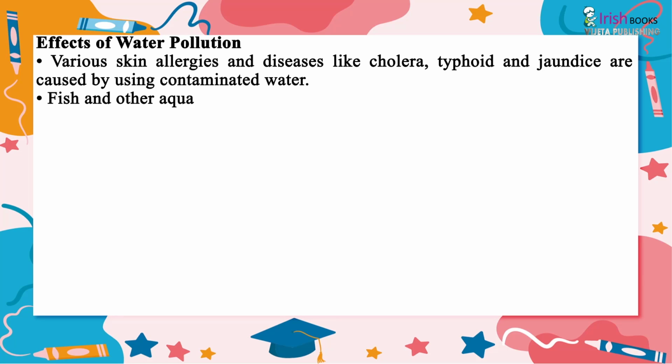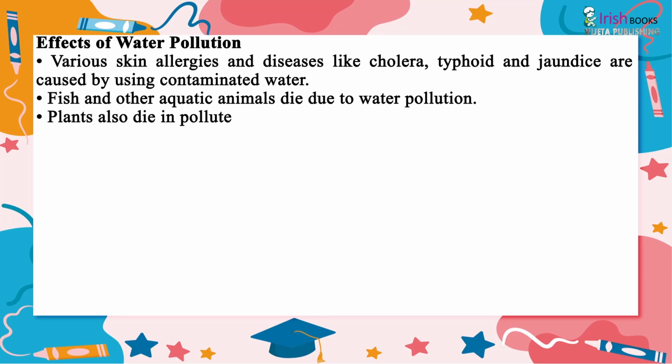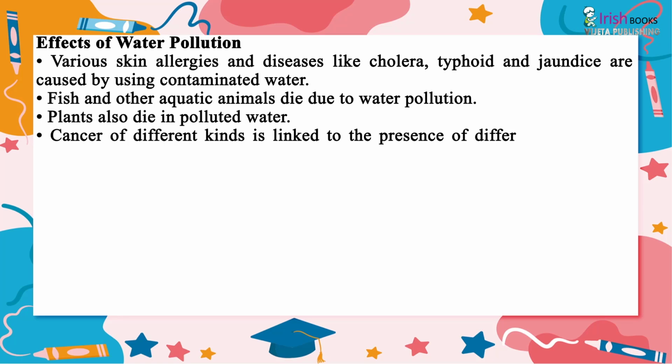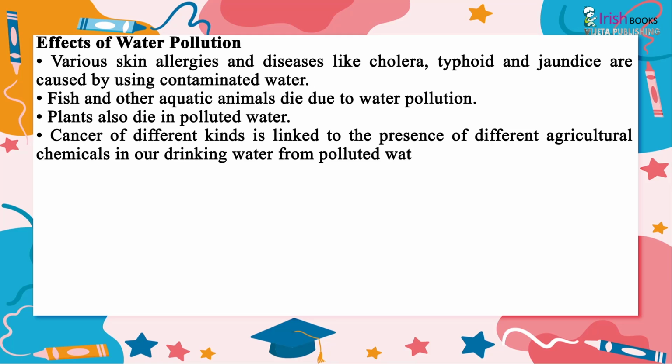Fish and other aquatic animals die due to water pollution. Plants also die in polluted water. Cancer of different kinds is linked to the presence of different agricultural chemicals in our drinking water from polluted water bodies.